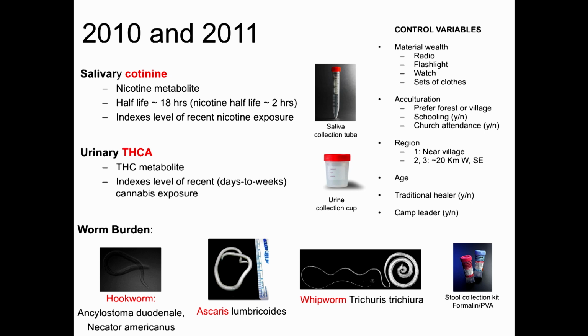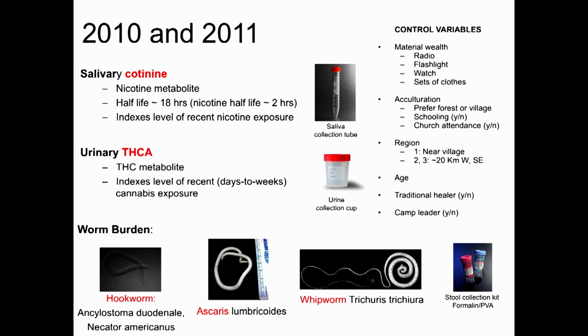They also provided 3 urine samples, so we can get at THC acid, tetrahydrocannabinoid acid, which is a metabolite of THC. It tells you how much cannabis you've been smoking. We took stool samples, and they counted up the eggs of these 3 species of worms for a total worm burden score.